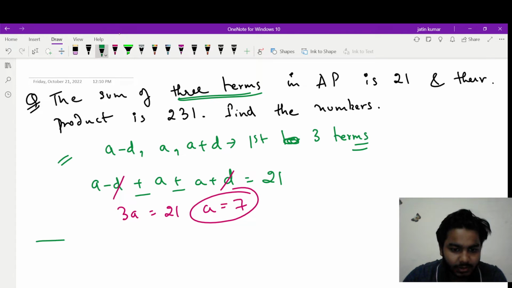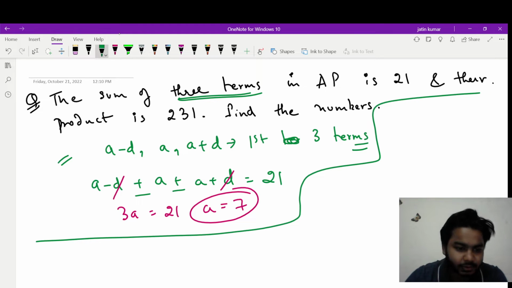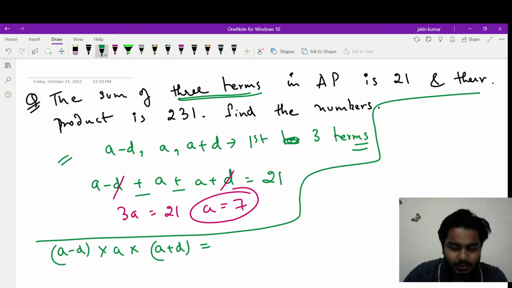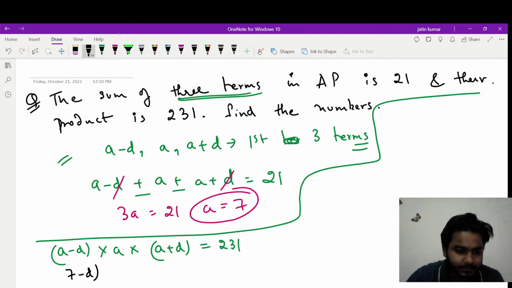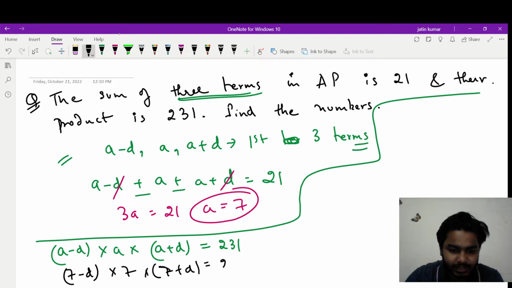If the product of these three terms is given to us, a minus d into a into a plus d is 231. We have got the value of a, so you put the value of a. 7 minus d into 7 into 7 plus d is equal to 231.